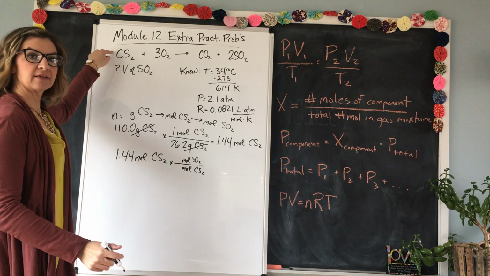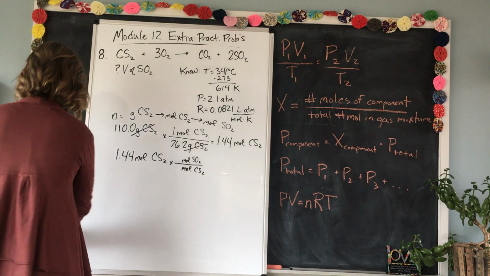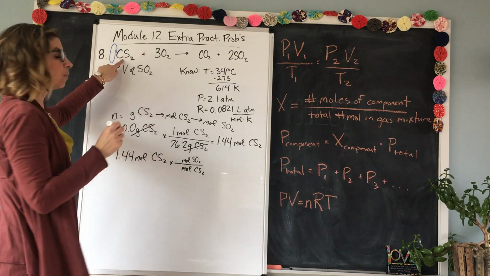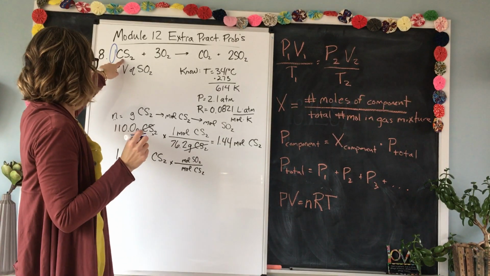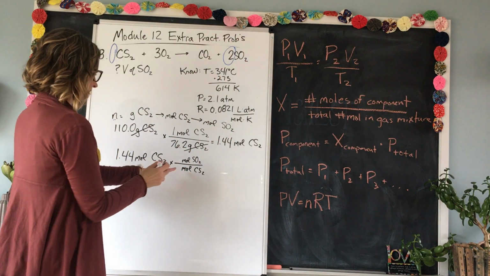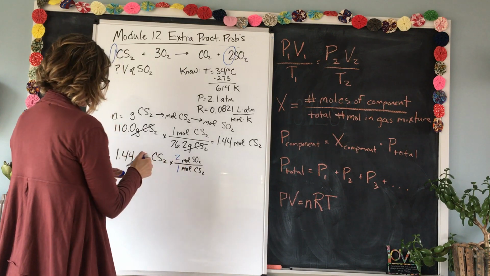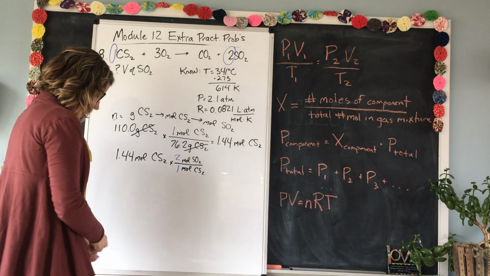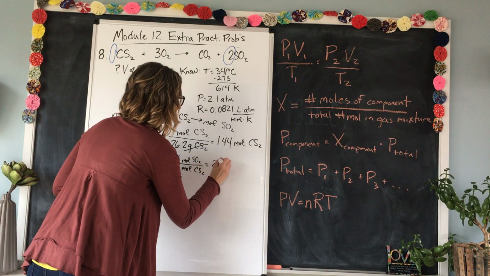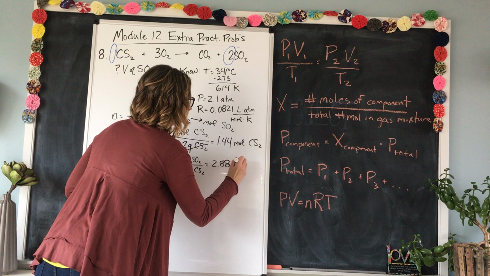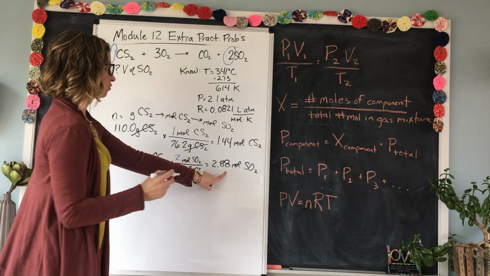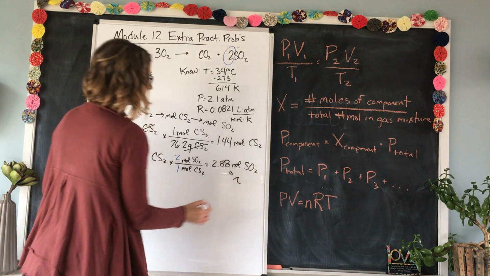Looking back at the balanced chemical equation, it tells us that for every 1 mole of CS2, we can produce 2 moles of SO2. So 1 goes here and 2 goes here. And 1.44 times 2 equals 2.88 moles of SO2. All right, so that is our N.